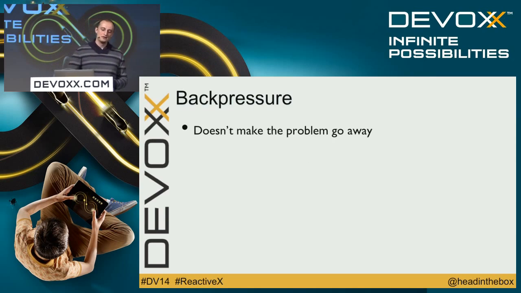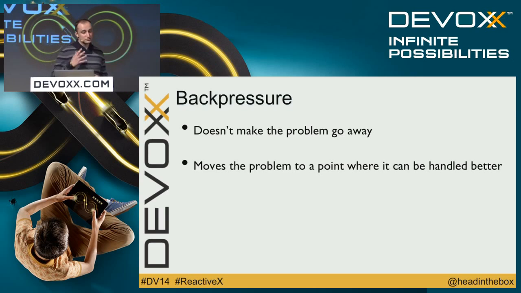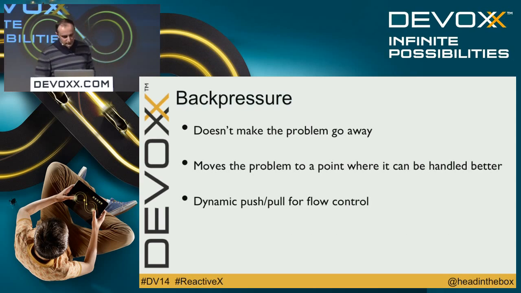So the important thing to realize here is that this solution doesn't really make the problem go away. The problem is still there. We still have a source that is emitting way too quickly, and we still have a consumer that isn't able to catch up. So all this solution really does is move the problem to a point where we can handle it much better, in a nicer way.